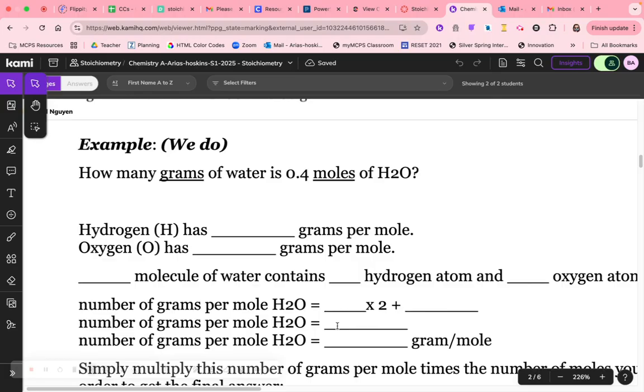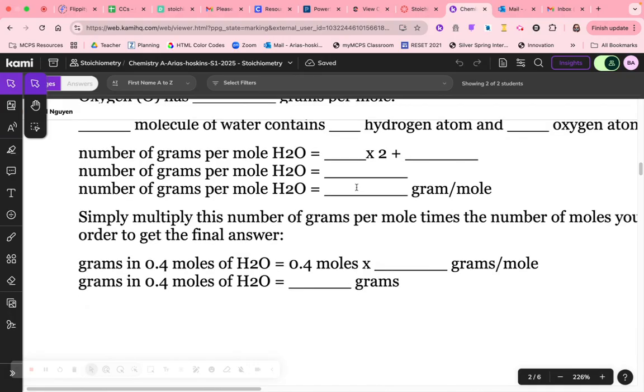You're going to sum it up, add it. That's the number you're going to write in here twice. Now, that same number, you're going to put in here, and multiply it by 0.4, because what you're trying to find out is the grams in 0.4 moles of water. When you do that multiplication, that's going to be your answer.